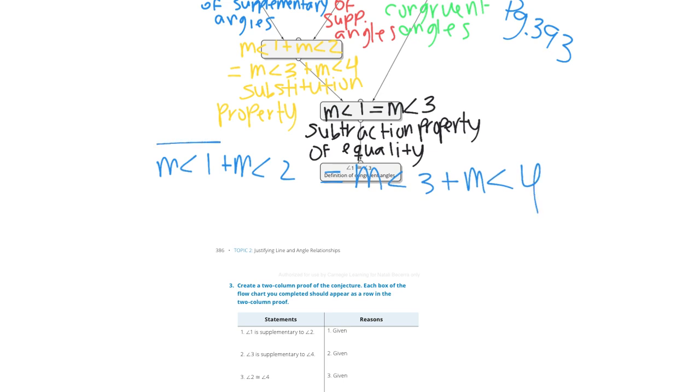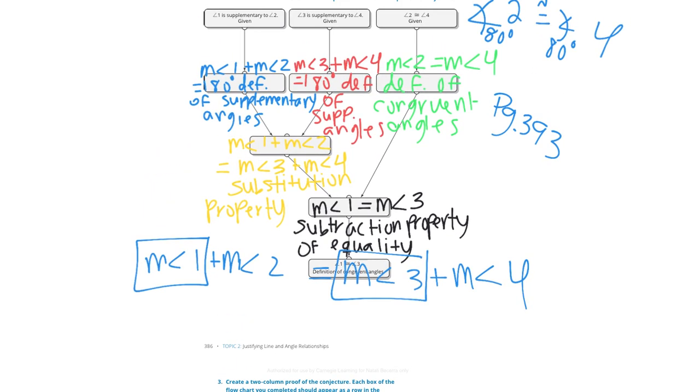We are getting that the measurement of angle 1 is equal to the measurement of angle 3. Well, we know from right here, the definition of congruent angles, that the measurement of angle 2 is equal to the measurement of angle 4. So angle 2 and angle 4 are exactly the same thing. They're equal to each other.